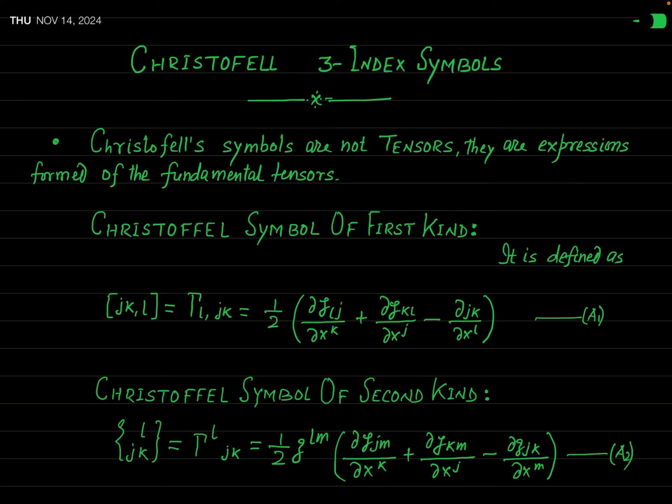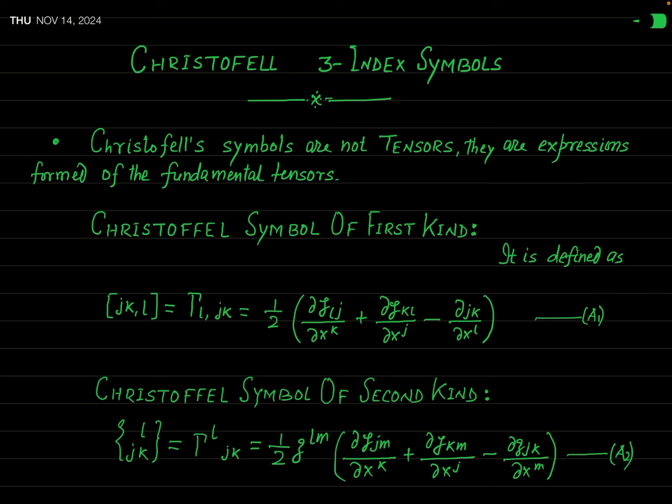When you pass from one coordinate system to another, a tensor quantity follows a proper law of transformation. But you will see that these Christoffel symbols do not obey the laws of tensor transformation. So we simply say that Christoffel symbols are not tensors.